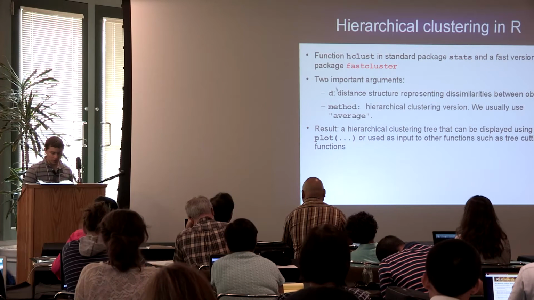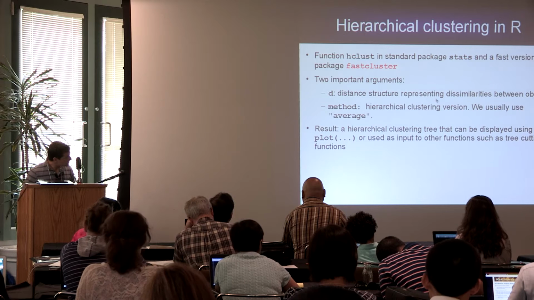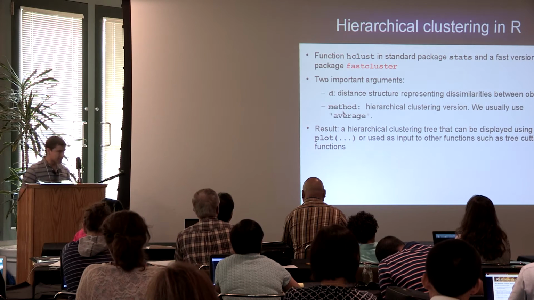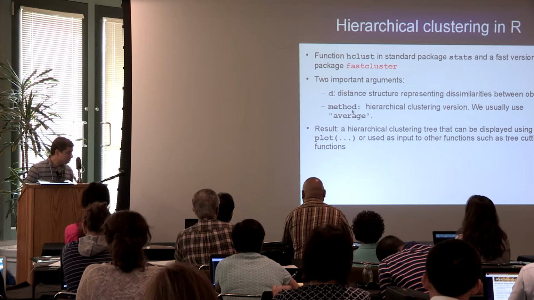The function has two important arguments. There is the distance structure that represents the dissimilarities between the objects, that's called d, and the method. And like I said, there are several methods, but we usually use average because it works well.